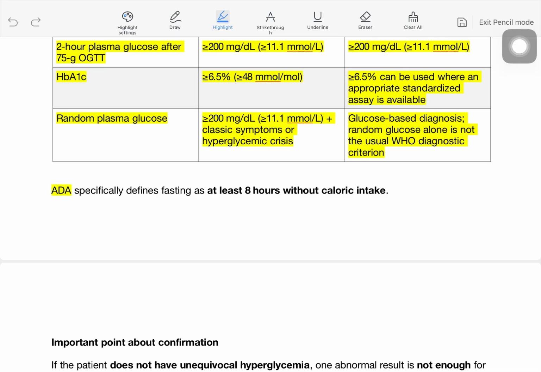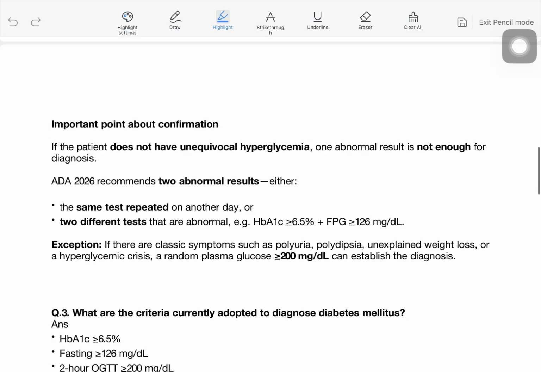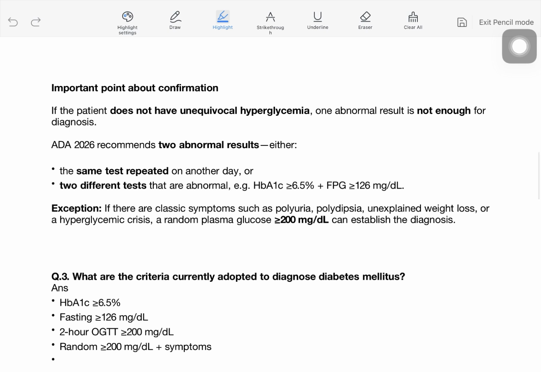ADA specifically defines fasting as at least 8 hours without caloric intake. Now let's understand the important part about the confirmation of diabetes. If the patient does not have unequivocal hyperglycemia, meaning no symptoms, one abnormal result is not enough for diagnosis.